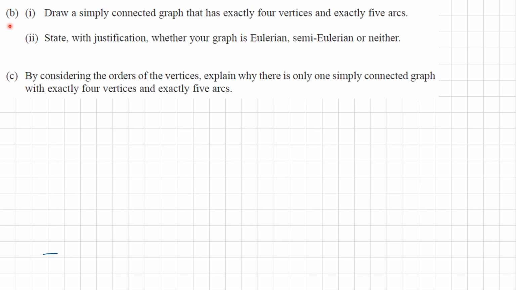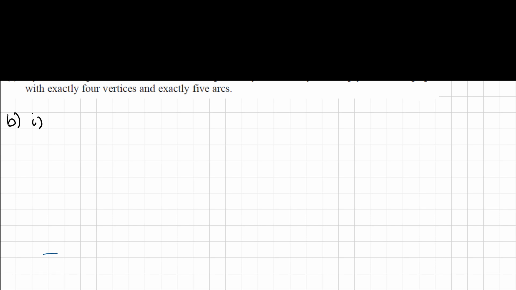Part B, and the first part of part B, draw a simply connected graph that has exactly 4 vertices and exactly 5 arcs. So I guess the most straightforward way to do this would be just to draw my 4 vertices in a square and then draw my arcs in. So it means that all of the vertices need to be connected to each other.